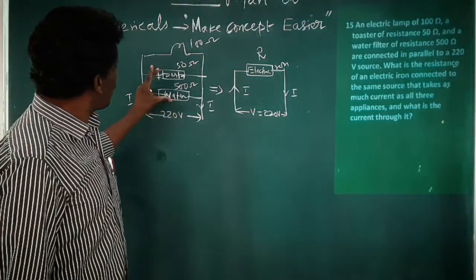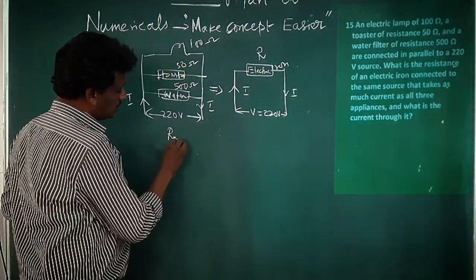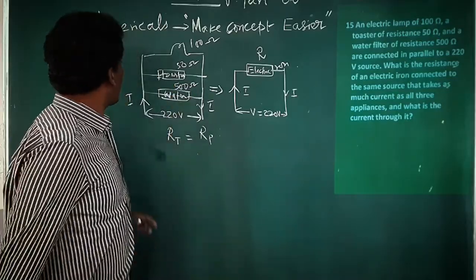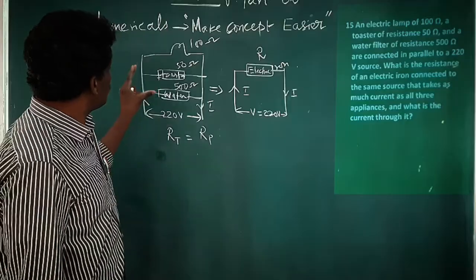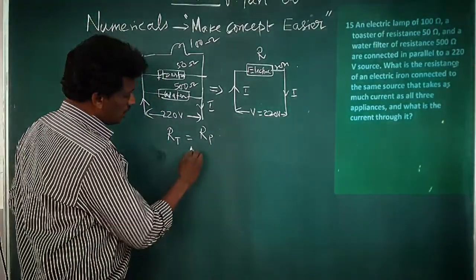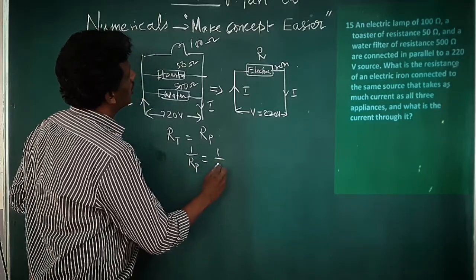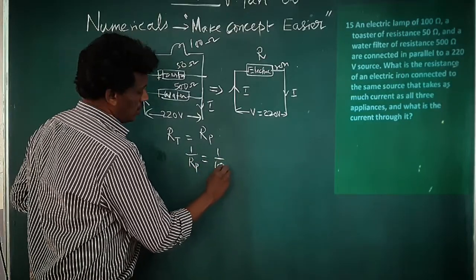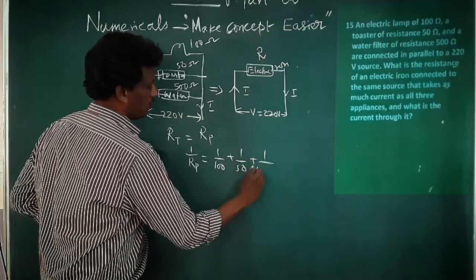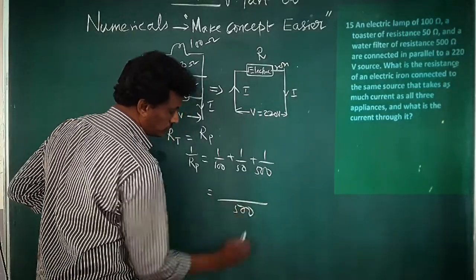So let us calculate the total resistance. The total resistance RT is nothing but RP, because it is a parallel combination. So first you calculate the equivalent resistance. 1 by RP equal to 1 by 100 plus 1 by 50 plus 1 by 500. Just simplify.